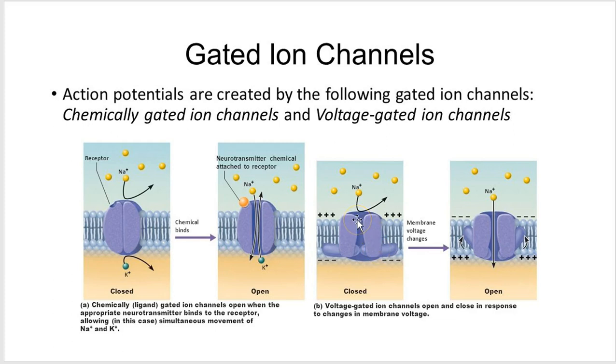So when a neuron is at a certain charge, certain voltage gated ion channels are going to be closed. If the voltage changes to a specific, different voltage, then the door is going to open. So voltage gated ion channels will open and close in response to different voltages or different charges of that neuron.